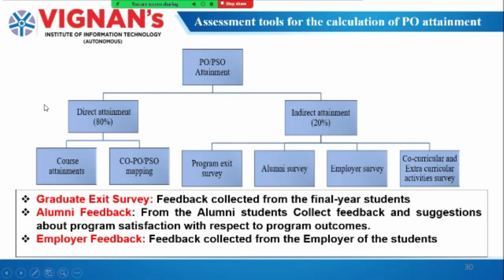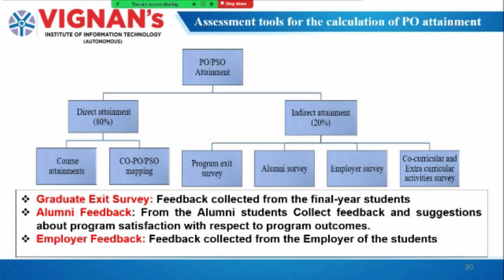Okay, here the graduate exit survey will be taken from the final year students at the end of the program, in the final year, and alumni feedback from the alumni students. You have to collect the feedback and suggestions about the program satisfaction with respect to program outcomes and program specific outcomes. And the employer feedback is collected from the employers of the students, like from the industry persons, or during the placements you can take.